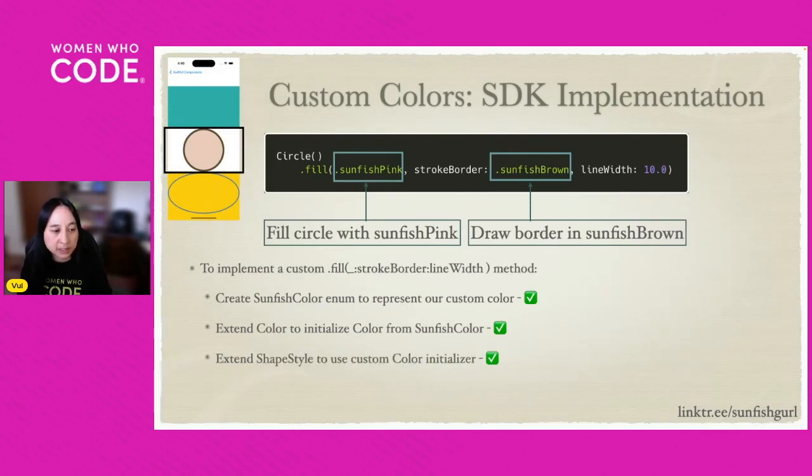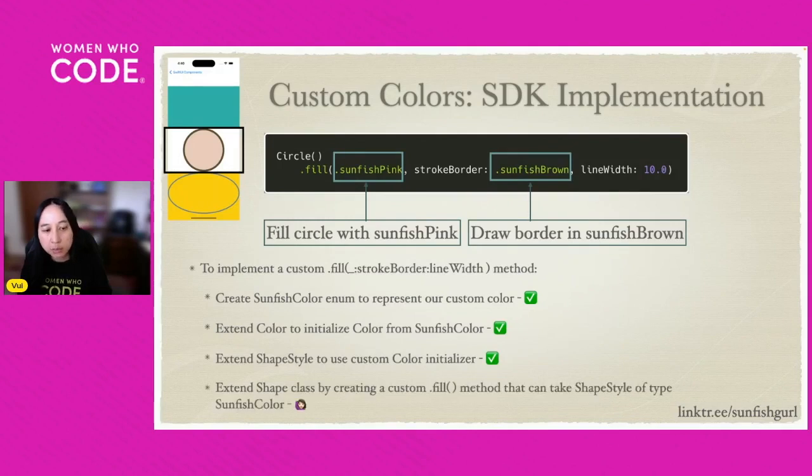We need to extend shape style to use our custom color initializer. But now we need to do this last step. We need to extend the shape class by creating a custom fill method that can take a shape style of type sunfish color. I'll go into more detail on this last step in the next slide.